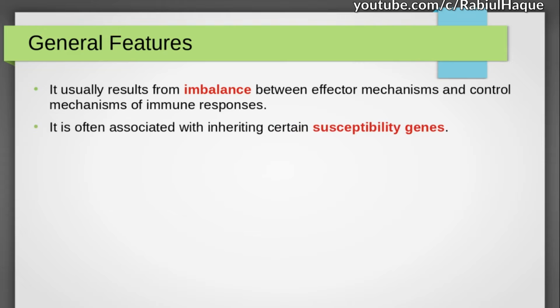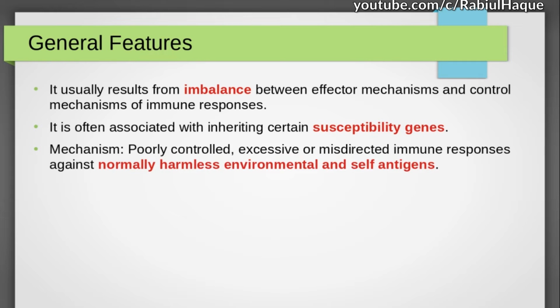That's why some individuals will be hypersensitive while others will not be hypersensitive to certain antigens. And as we can see, the basic mechanism is poorly controlled, excessive, or misdirected immune response against normally harmless environmental and self-antigens. Now, this bullet point is very important.